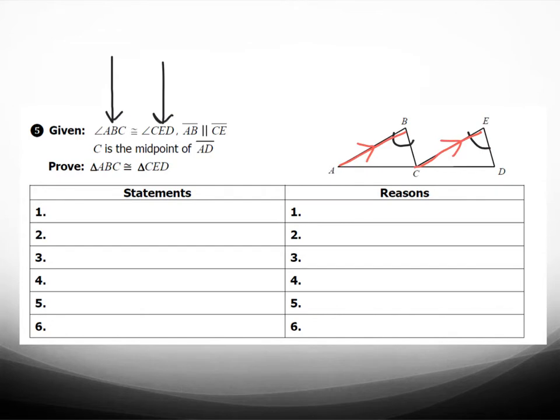So here is C right here, and it is in the middle of A to D. Anytime you see the word midpoint or bisect, automatically we think equal, two equal parts. So I need you to mark that if C is the midpoint, two things are equal. Well, what's equal? A to C is the same as C to D.